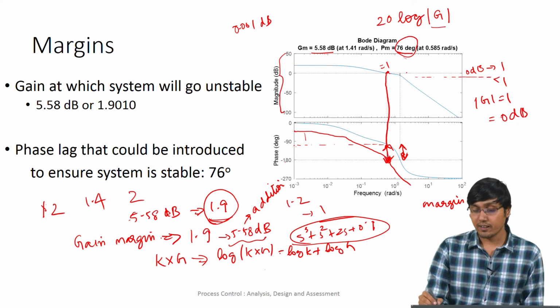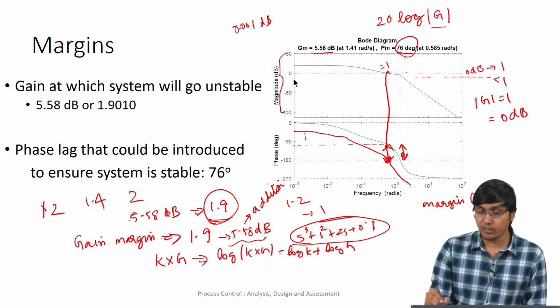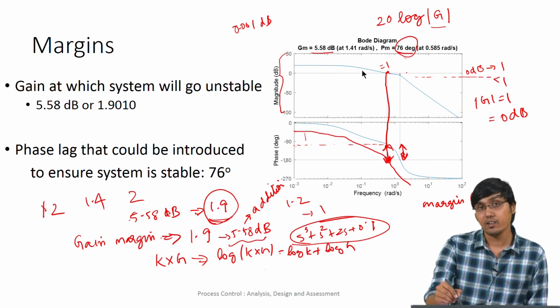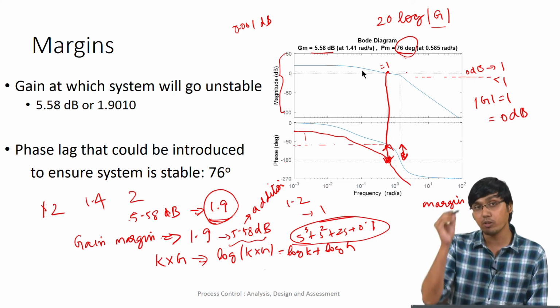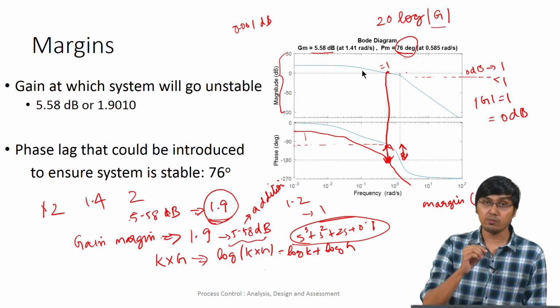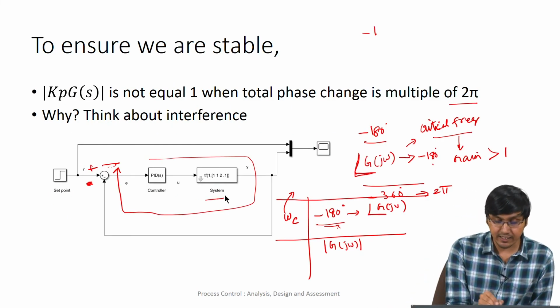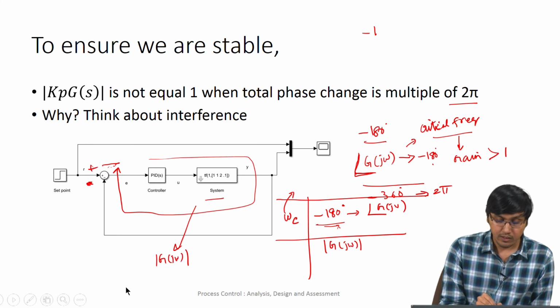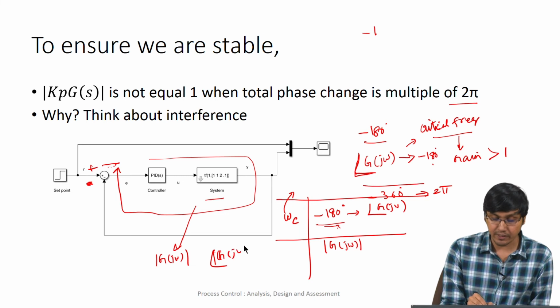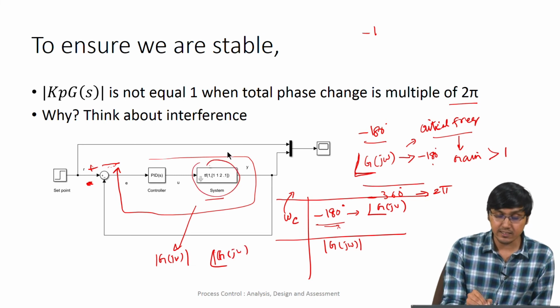And remember, whatever we use to find this is nothing but the Bode plot of an open loop system. Remember again, this Bode plot is going to give the magnitude of g of j omega and the angle introduced by g of j omega, when the system is g of s.